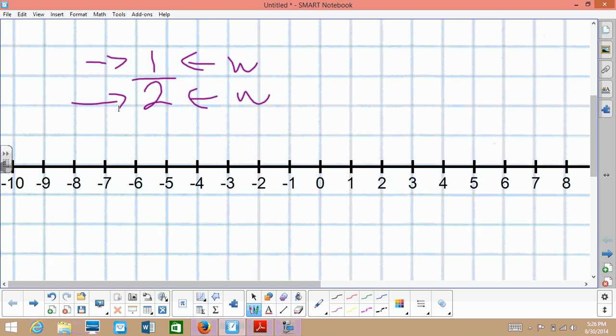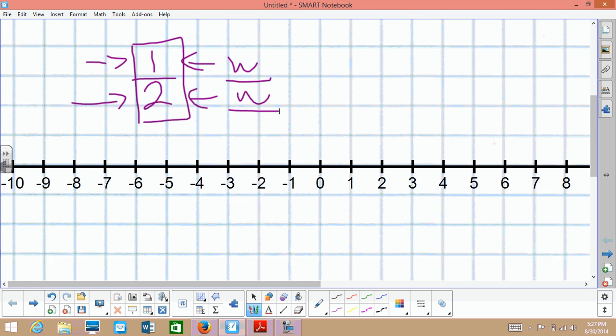I'm pretty sure you remember that from your last grade level, but it's just a refresher. Again, in order for a number to be rational, you have to be able to convert that number, in whatever form it may be, into a fraction that has a whole number on top and a whole number at the bottom. So again, a rational number is the ratio of two integers.